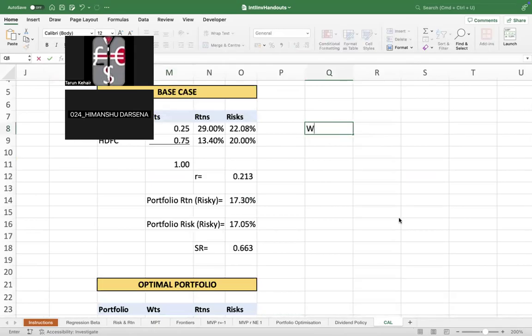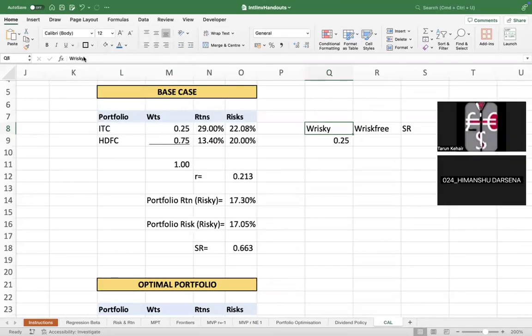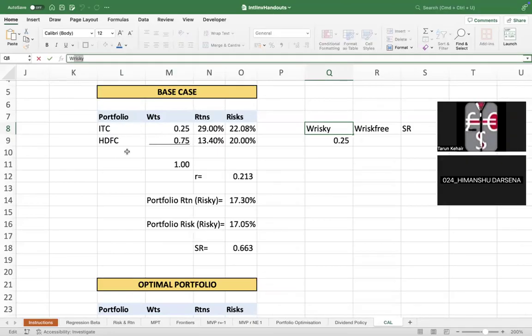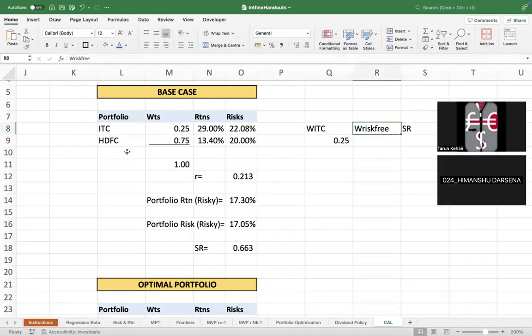where I put the weight of my risky, the weight of risk-free, and the Sharpe's ratio. है ना? So weight of risky I take from here, risk-free, no, sorry, not yet. My mistake. This should be weight of ITC, weight of HDFC, and Sharpe's ratio.